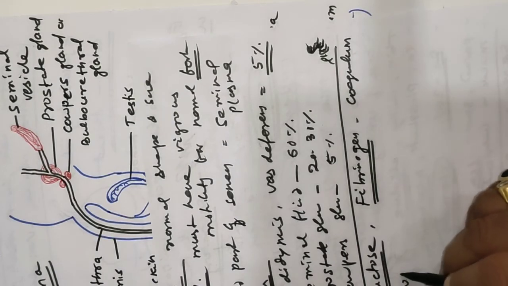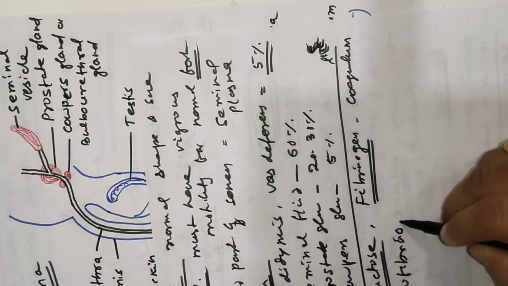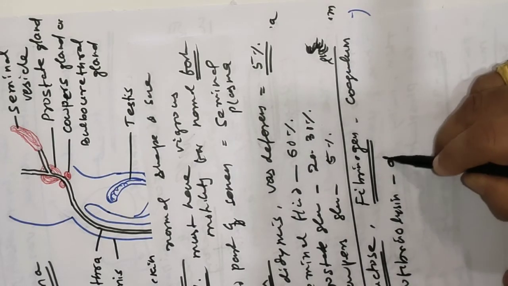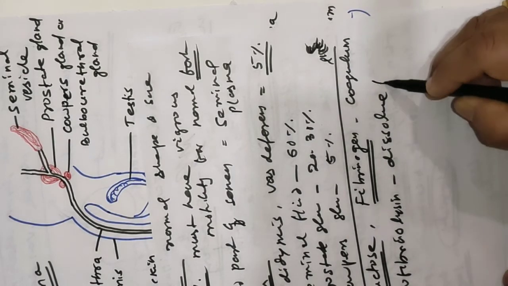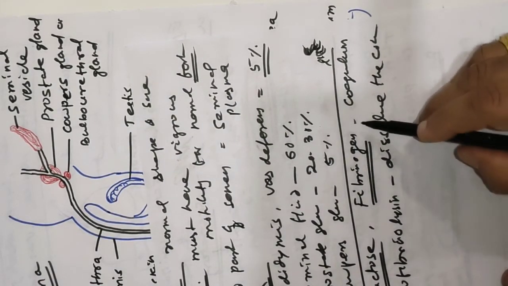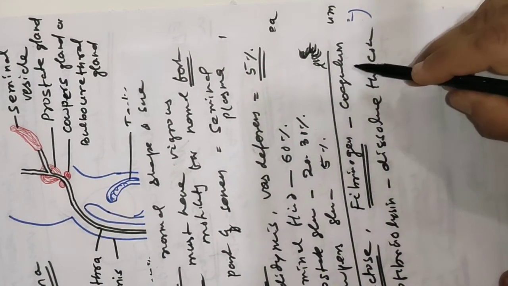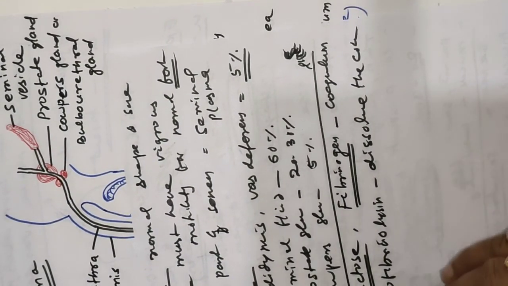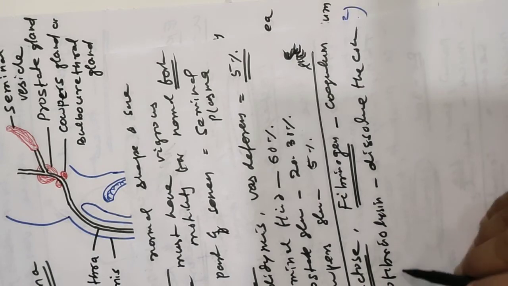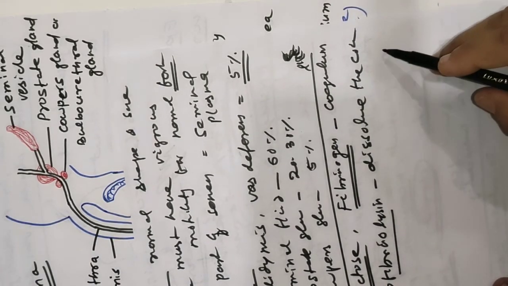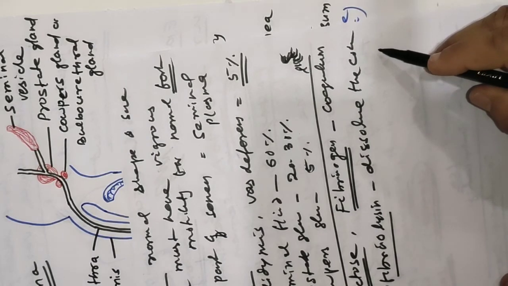Then it contains profibrinolysin, which dissolves the coagulum. Fibrinogen forms coagulum inside the female genital tract, and profibrinolysin found inside the semen becomes fibrinolysin, which dissolves the coagulum inside the female genital tract.